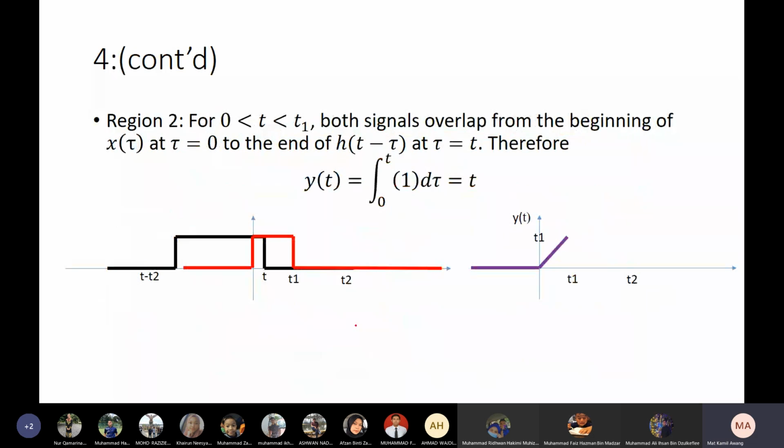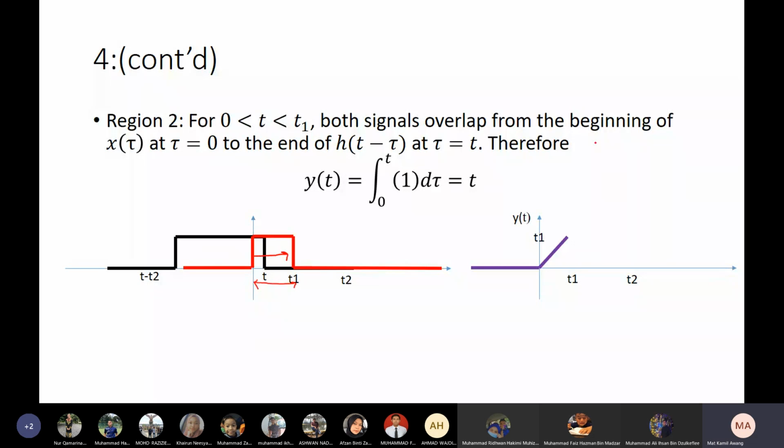Then we go into region number 2. In region number 2, we start to overlap. Region number 2 is basically from here to t1. So h of t starts to overlap because it starts moving from here to there.